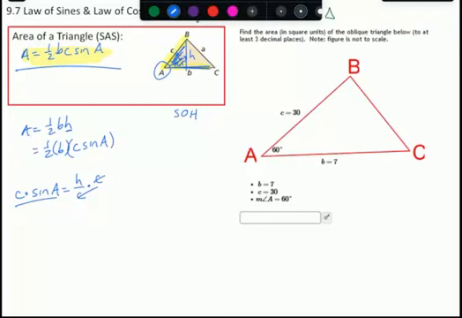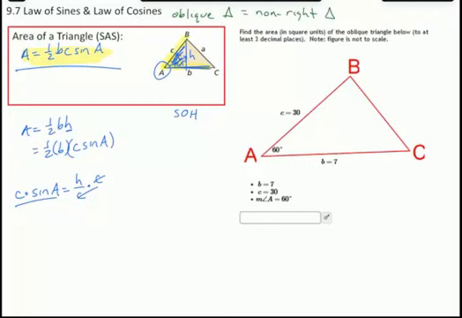Now, there are two alternate versions of this depending on which sides you were given.